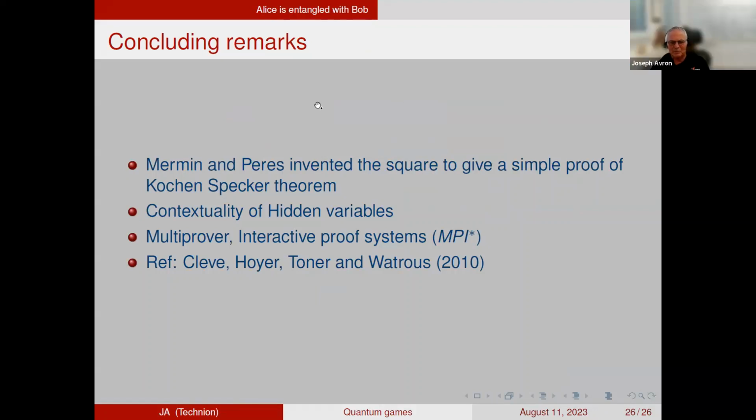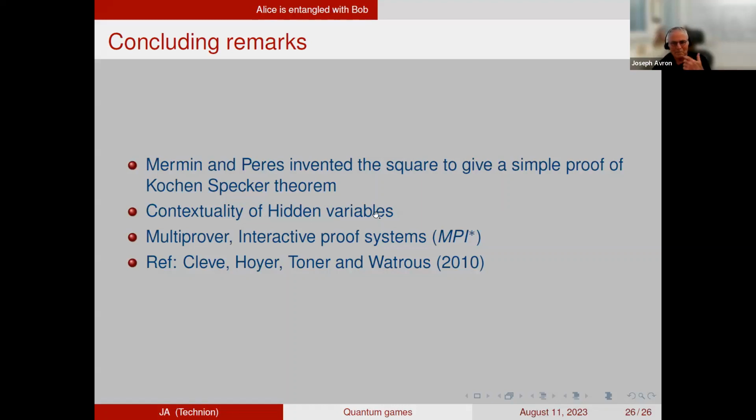Before I stop, let me just say something about concluding remarks. Mermin and Peres did not invent the game, but they invented this magic square to give a simple proof of the Kochen-Specker theorem, which I'm not going to describe because I don't understand it myself. Their main interest in this magic square was because it's an example of the issue of contextuality of hidden variables.